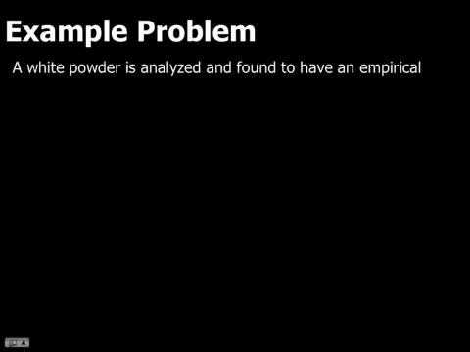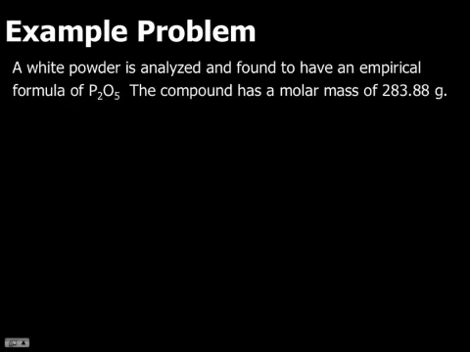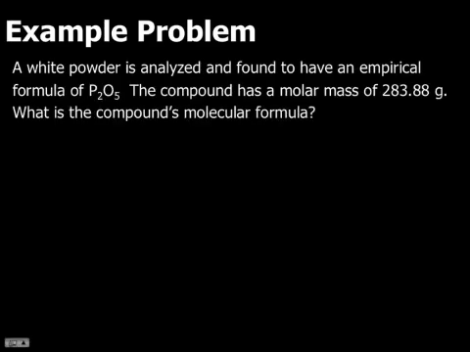Our first example is a very simple one. A white powder is analyzed and found to have an empirical formula of P2O5. They've already given you the empirical formula, so for this one you wouldn't have to do the empirical formula part first. What we need is the molecular formula.